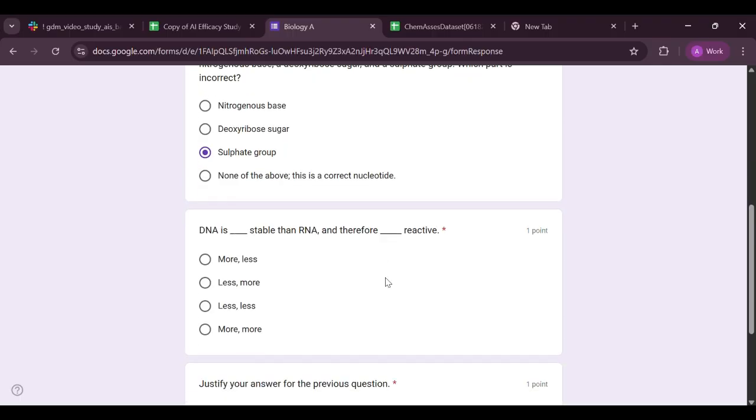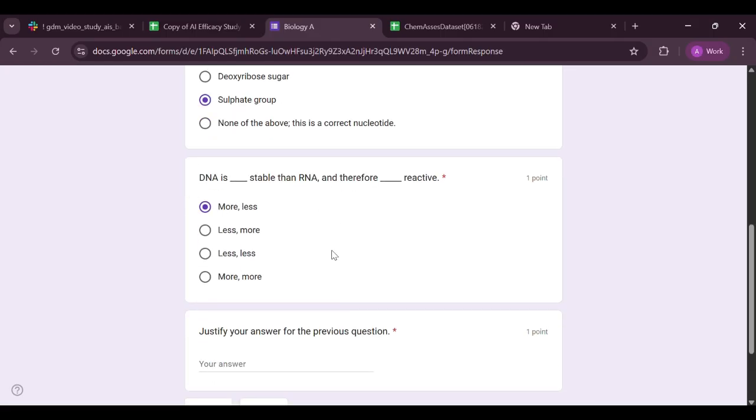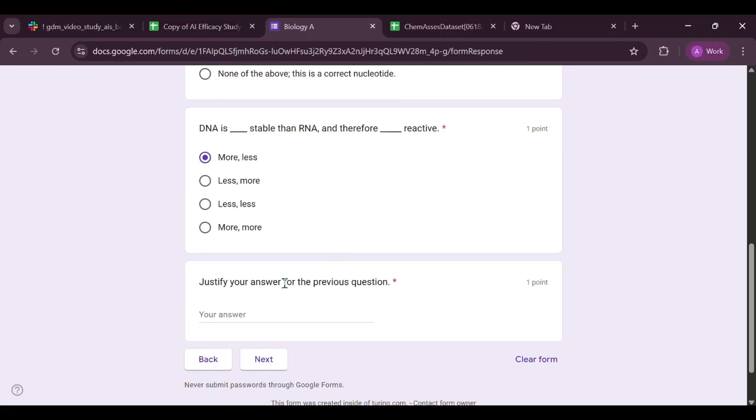As we can recall from the pre-test, as this question is also from that, DNA is more stable than RNA and therefore less reactive. So option one will be correct in this case. Okay, and we have to justify our answer for this question.